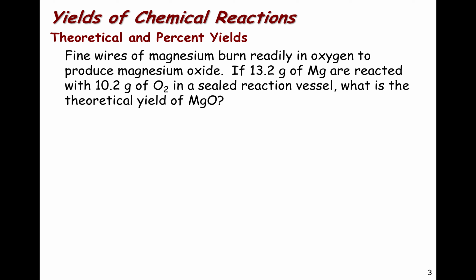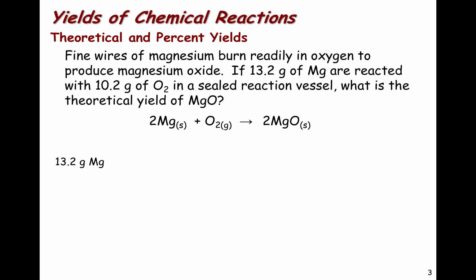If 13.2 grams of magnesium are reacted with 10.2 grams of O2 in a container, what is the theoretical yield of magnesium oxide? Well, first thing we need is a balanced chemical reaction, so this is a relatively straightforward one to balance, and so we have 2 magnesiums and 1 O2 producing 2 MgOs in the solid state.